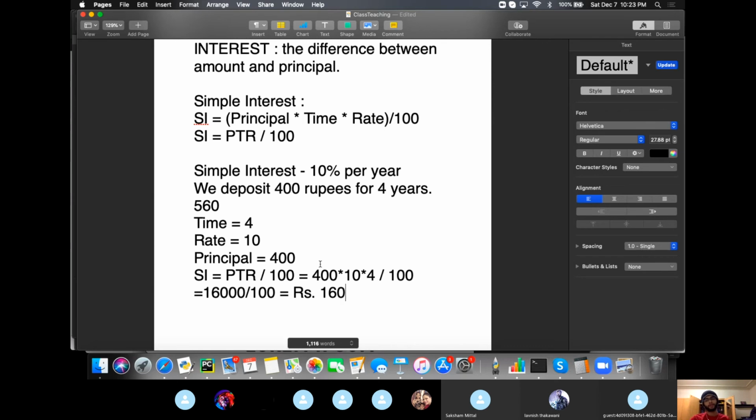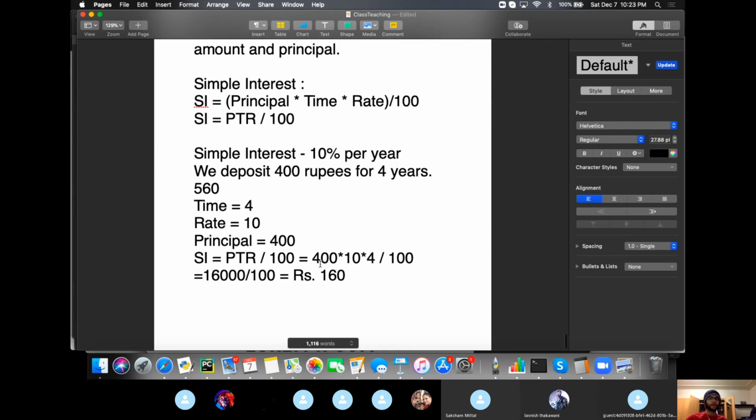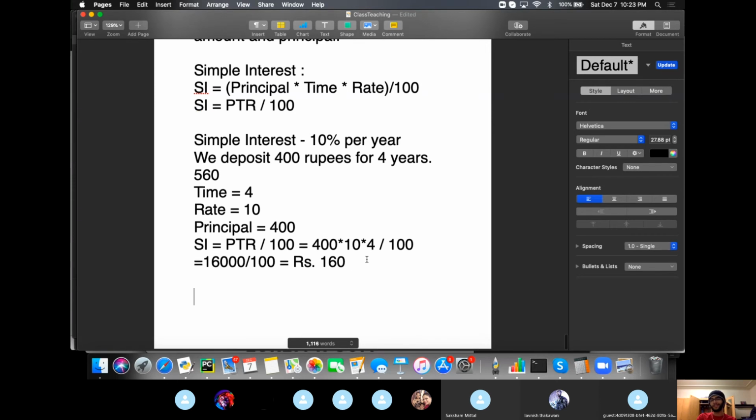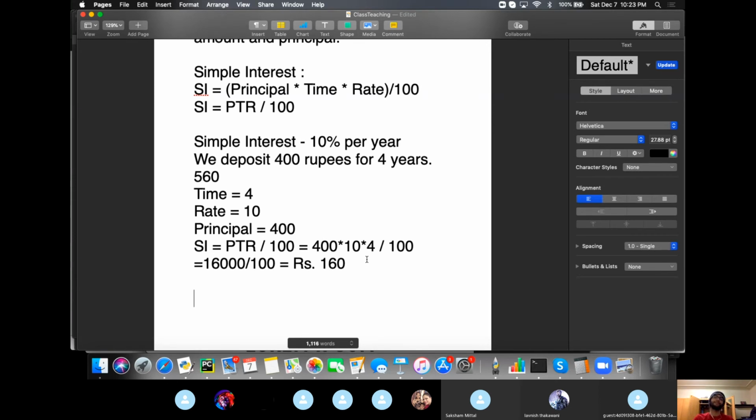So we will first focus on simple interest and then we will go to compound interest. So now I will give you a simple problem. The instruction that you have to follow is that you should not reveal the answer until and unless I ask you to do it. The same rule applies: if you don't type anything, I will assume that you have gotten the answer. If you are not able to get the answer, you can ask a doubt and I will give you some time.